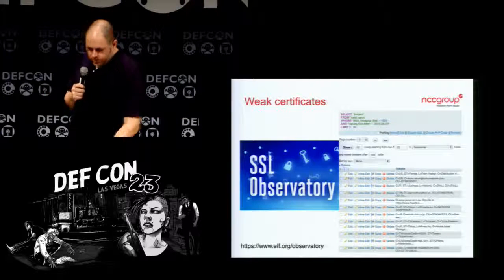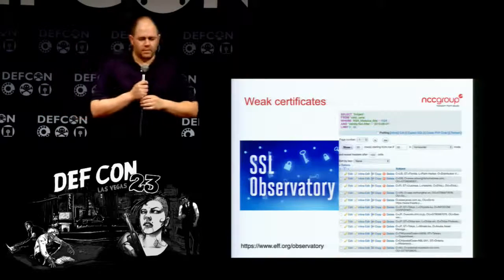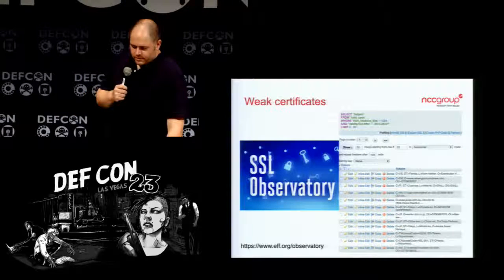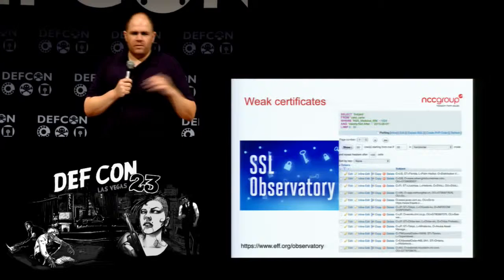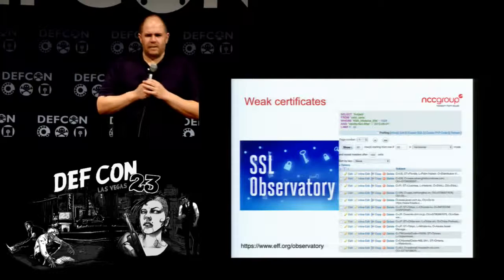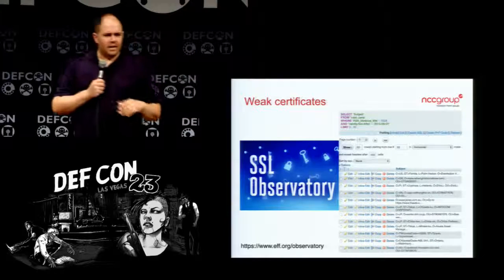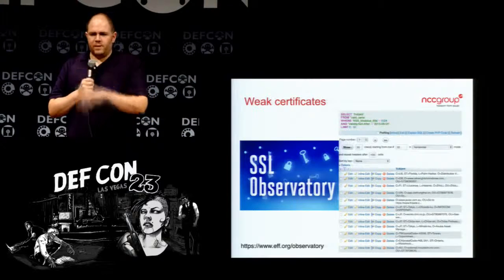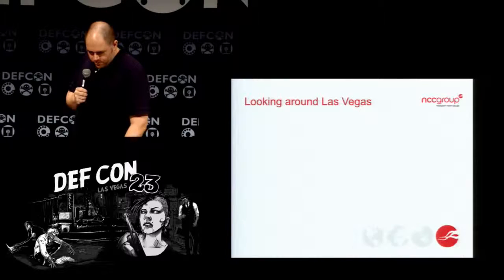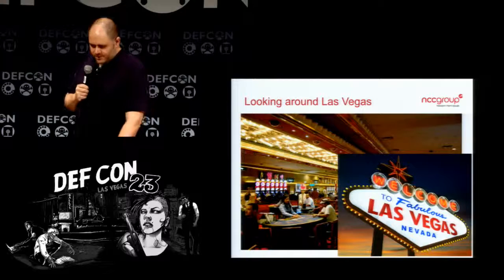And if you look at this, well, you have a number of certificates in this database. So I was trying to think, well, let's find something for the demo in DEF CON. And I said, oh, it would be nice to have something from Las Vegas. And I said, okay, search Las Vegas. But what I found was a few online casinos.